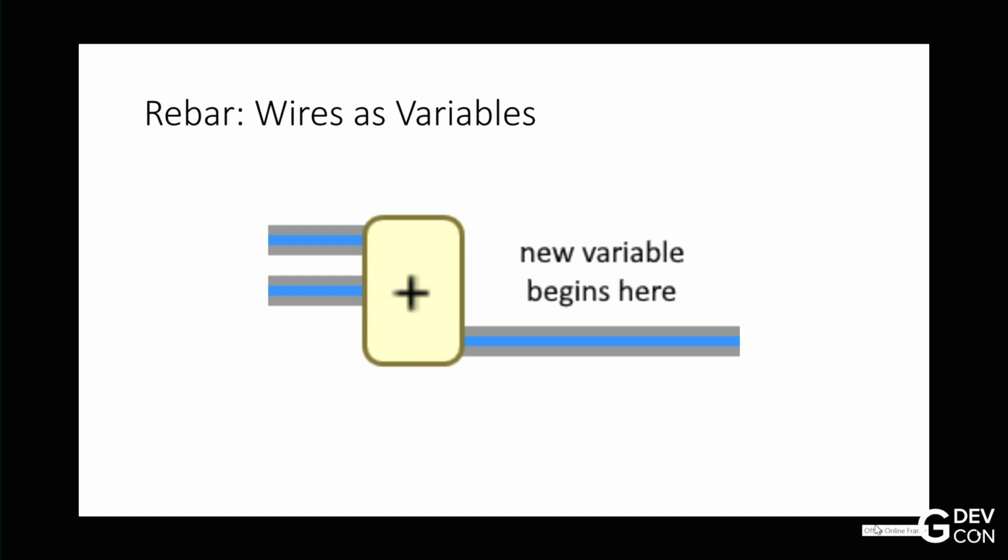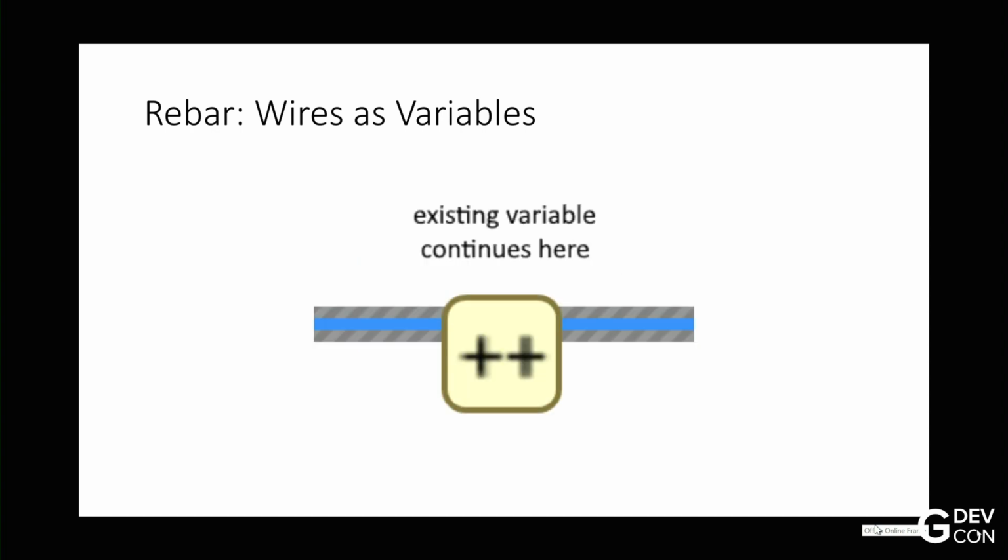Wires can relate to variables and to output terminals in one of two ways. An output terminal can either begin a new variable, and so here there's an example of an output terminal that says a new variable begins here and its initial value is whatever value came out of this output terminal.